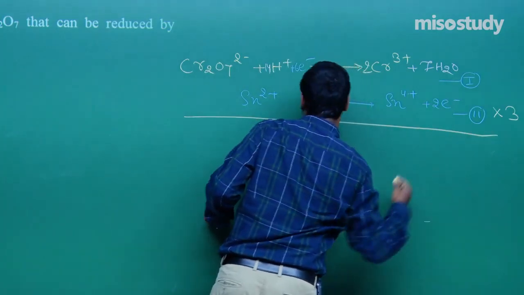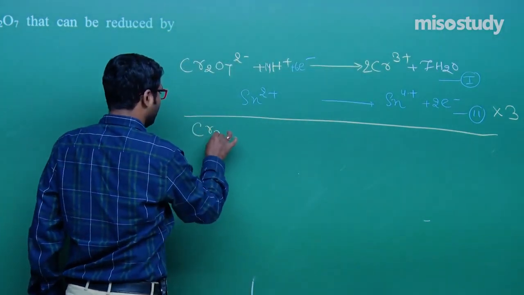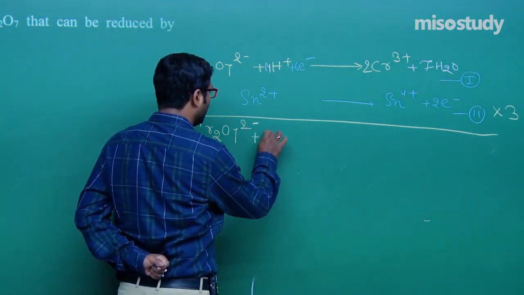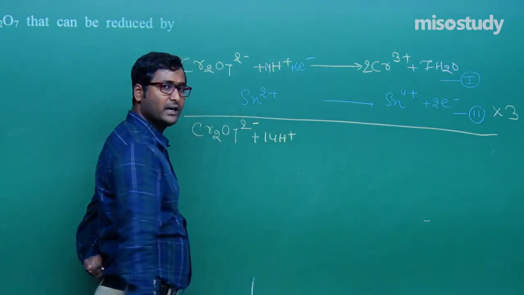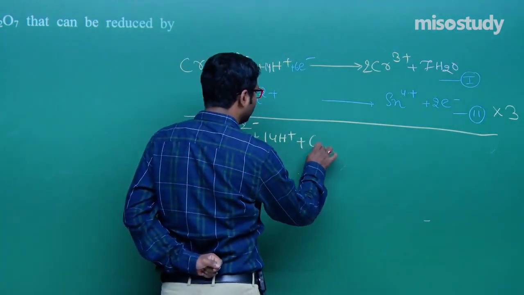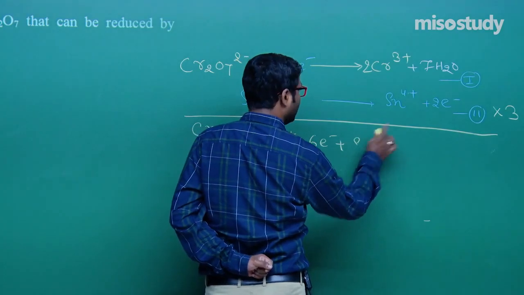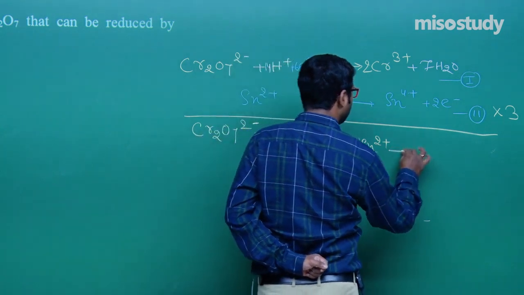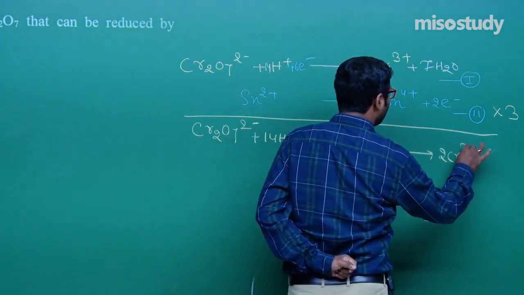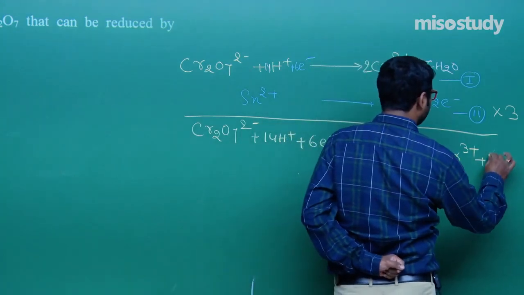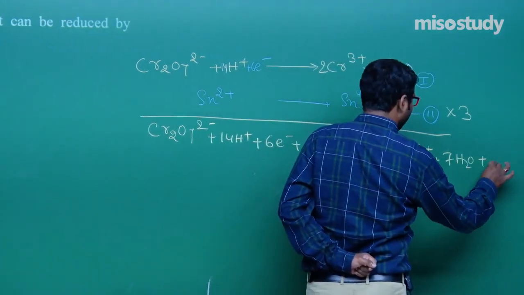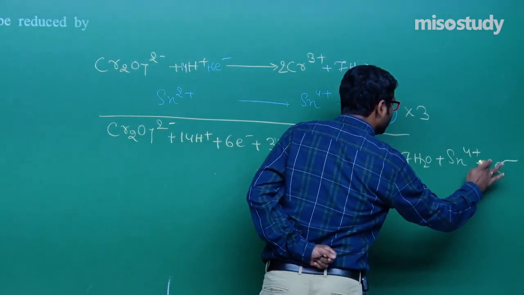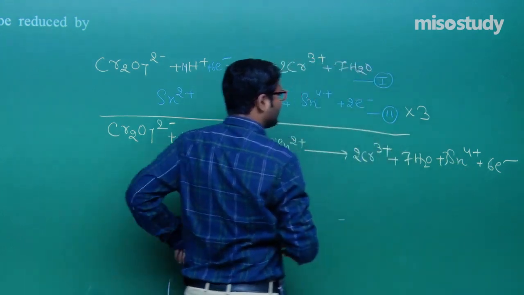After adding, we will get the output: Cr2O7 2-, plus 14H+, plus 6 electrons, plus 3Sn2+, which gives you 2Cr3+, plus 7H2O, then Sn4+ and then 2 electrons. 3 times 2 is 6 electrons and then 3Sn4+.